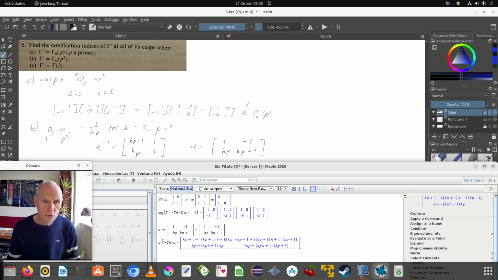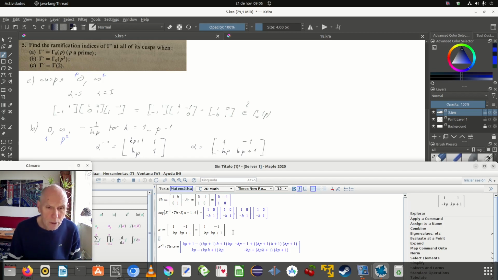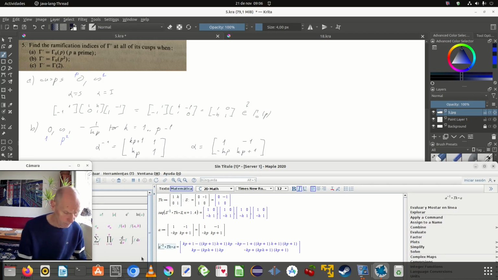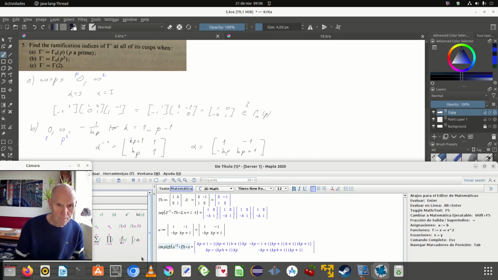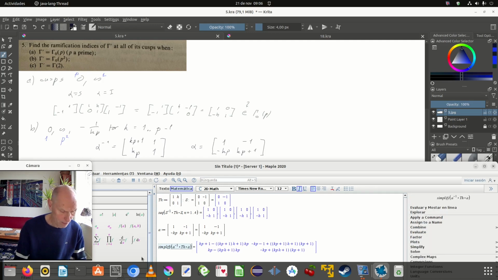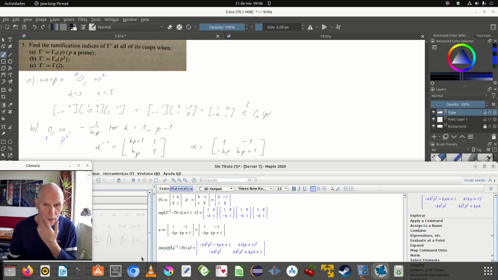We need to define the inverse because it should be able to simplify it. Ah, that's better.